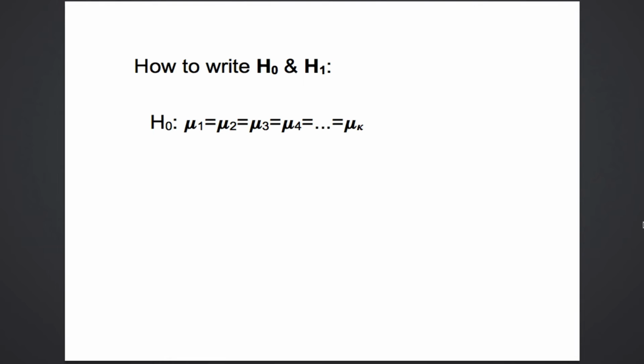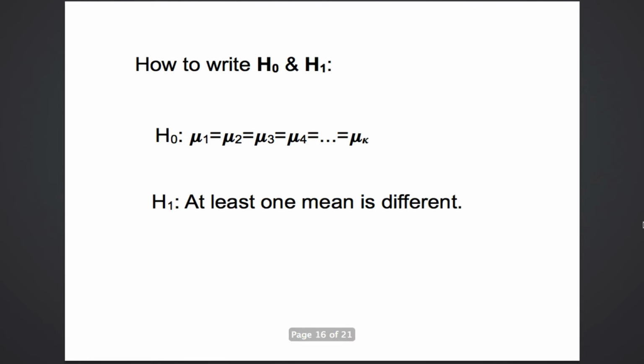And H1, we're just going to word it as at least one mean is different. ANOVA does not tell us which mean is different. All ANOVA tells us is whether all the means are equal or at least one of the means is different from the rest.